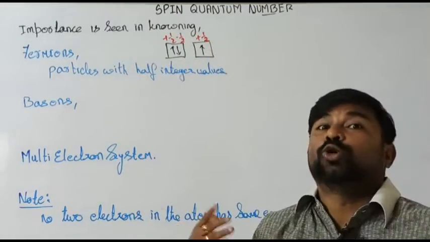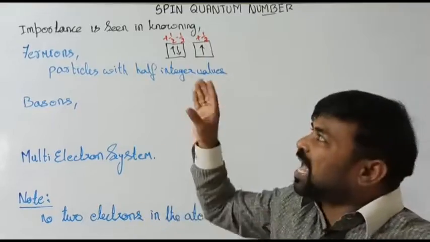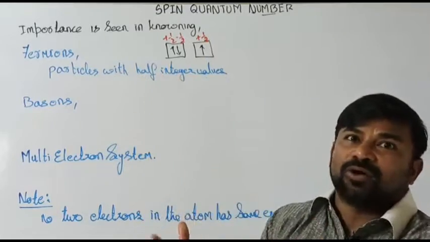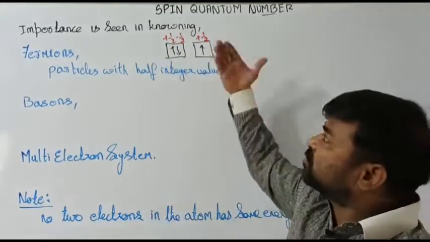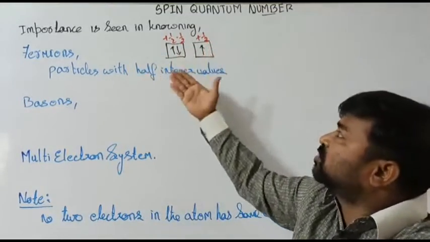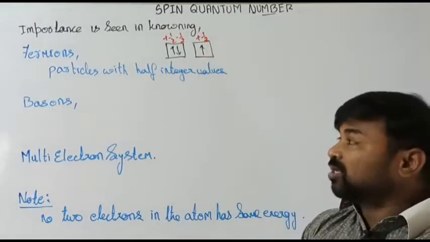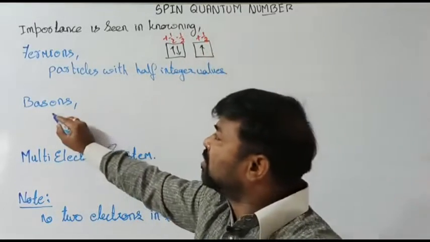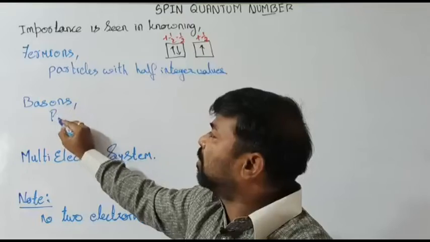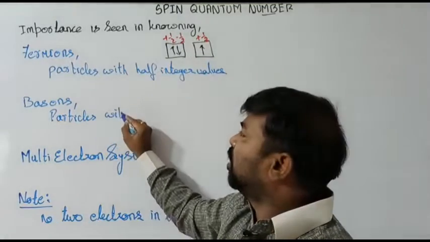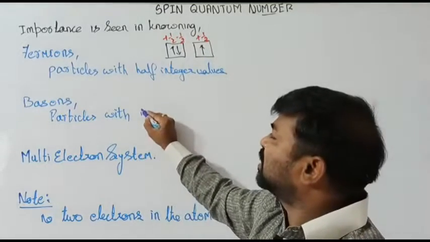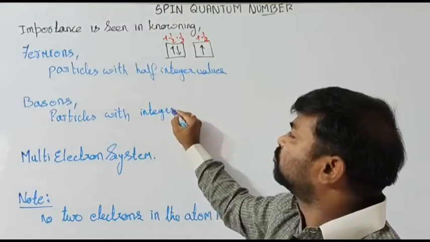Of course, it's nothing but a duplex structure. All those ions, we can figure out with the help of the spin quantum number. The next one: we have figured out the fermions having half integral values. Now bosons are nothing but particles with full integer values.